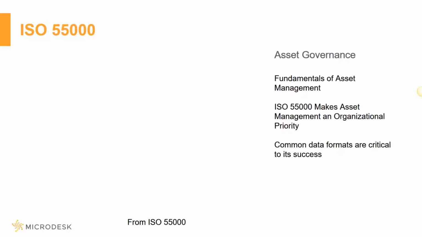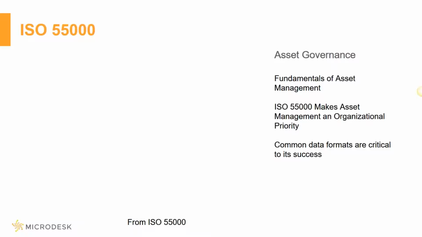We're going to see from this graphic that we're talking about asset governance, and how ISO 55K makes asset management an organizational priority, and then common data formats are critical to its success. Really, in any of these things that we're talking about, data consistency is a primary driver for how these systems get implemented.